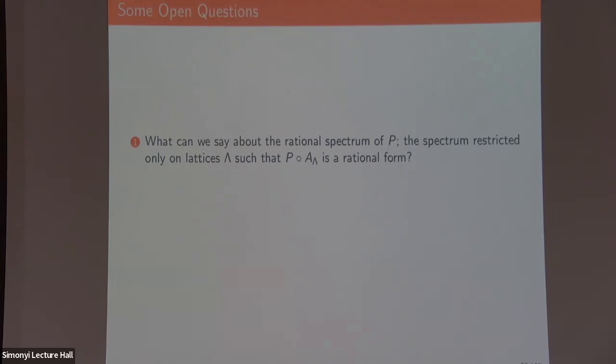We take the Markov spectrum just as we defined it, but we restrict it only to lattices such that P composed with a matrix representing this lattice is a scalar multiple of a rational form. What is the spectrum there?